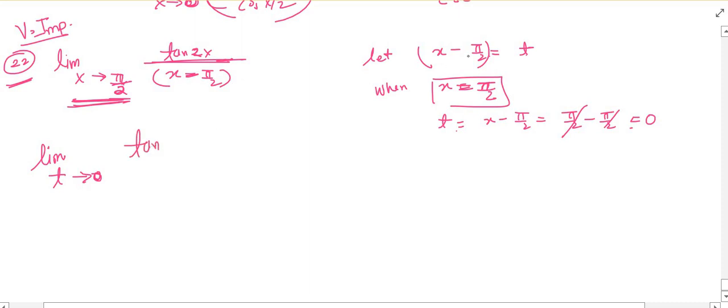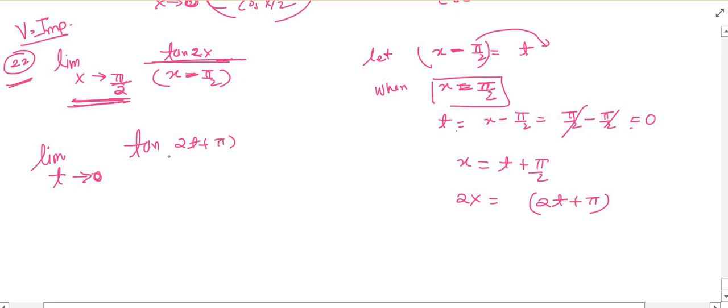Tan of 2x, so I need 2x. x is equal to t plus pi by 2, right? So what will be 2x? 2x will be 2t plus pi. So let me write down 2t plus pi. And this thing is the assumption, nothing but t.